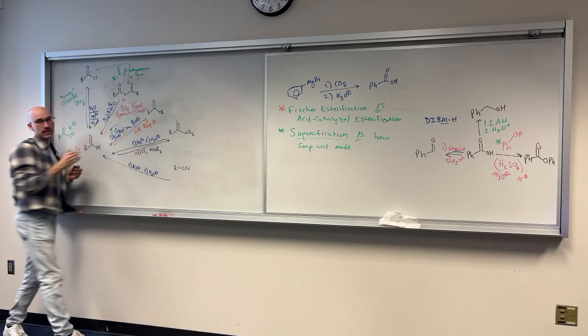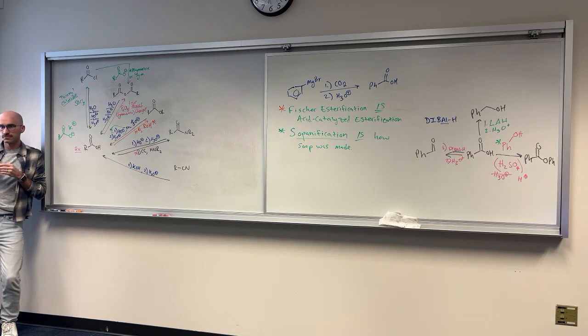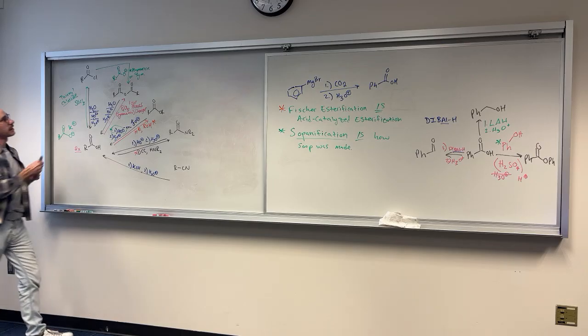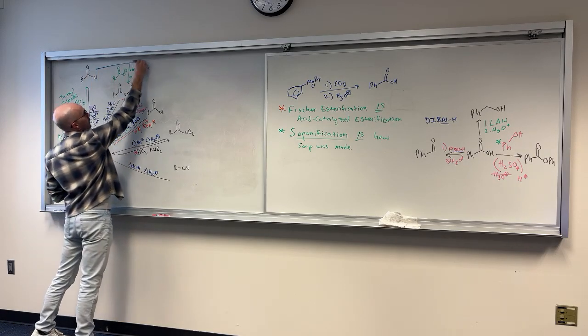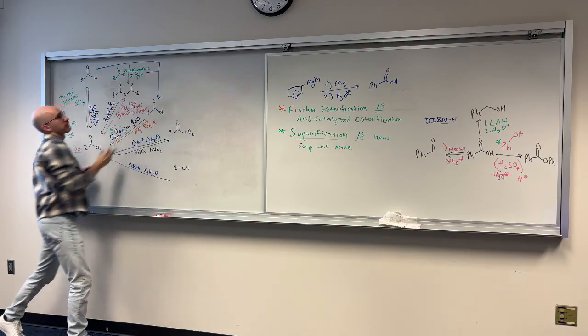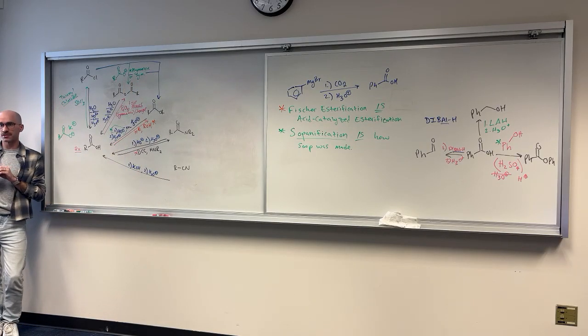But there's no reason that you can't also form symmetric anhydrides this way as well. The acid chloride can also be used to form the ester, and the anhydride can also be used to form an ester.